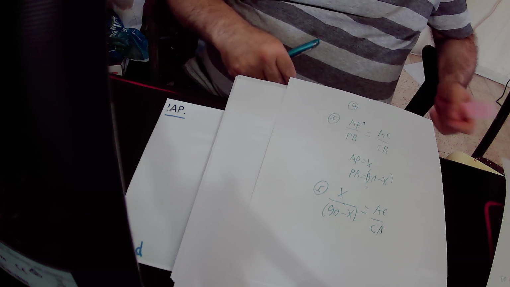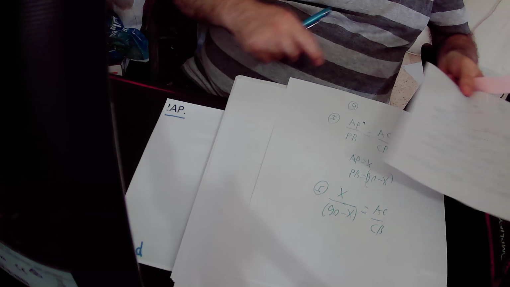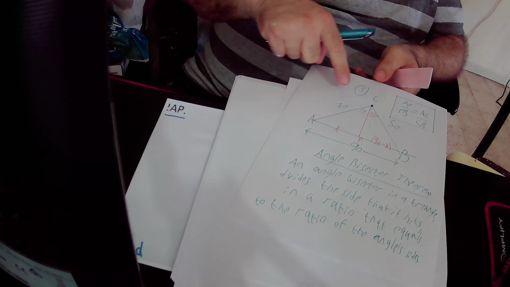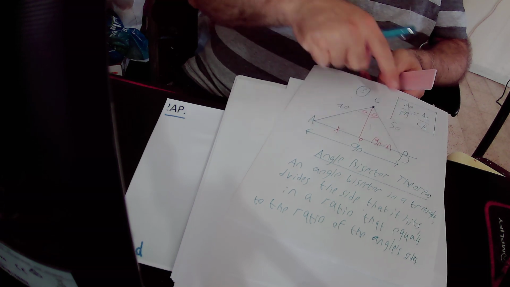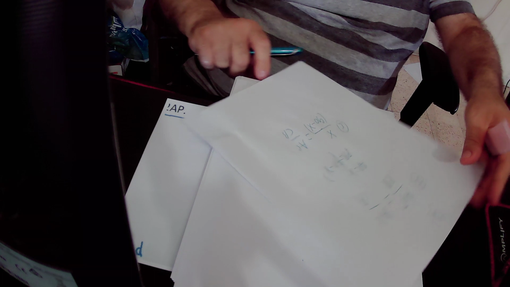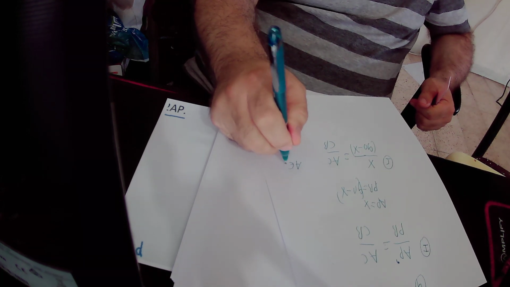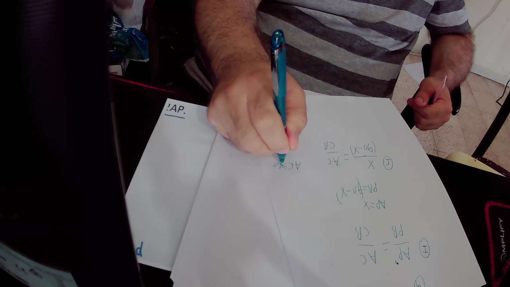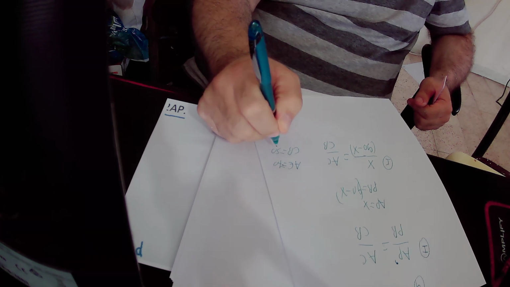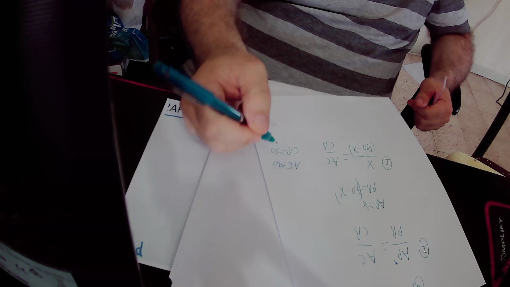Here we know that AC equals 70 units and CB equals 50 units. So write it here: AC equals 70 units and CB equals 50 units. So we can substitute AC by 70 and CB by 50.